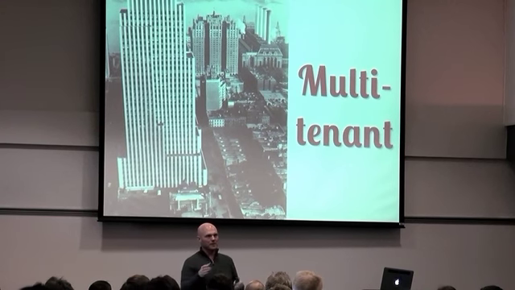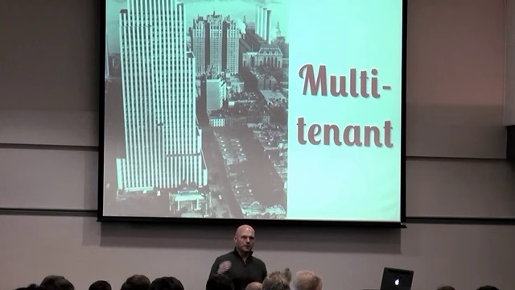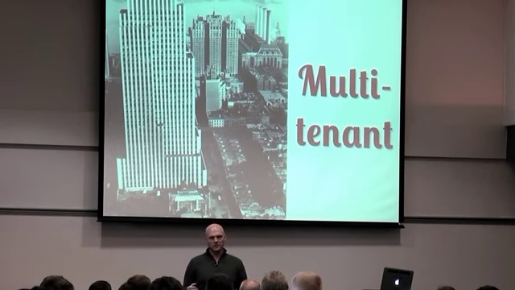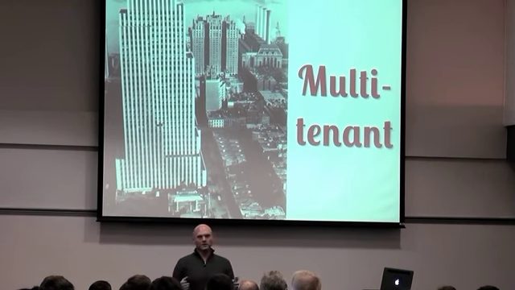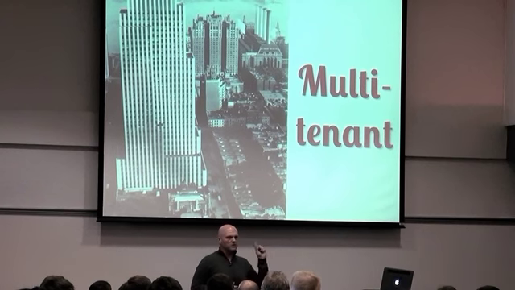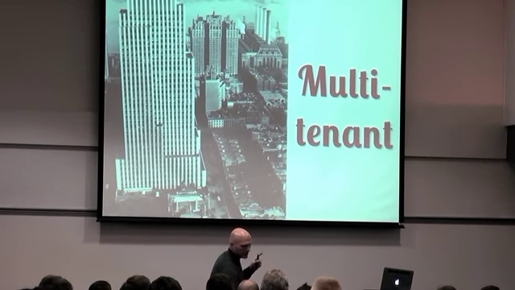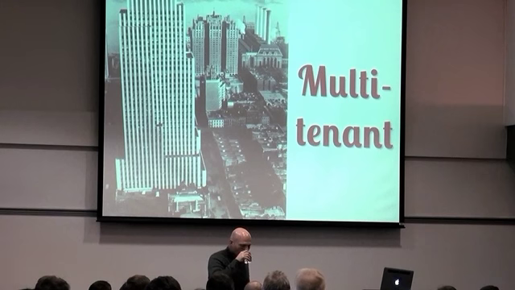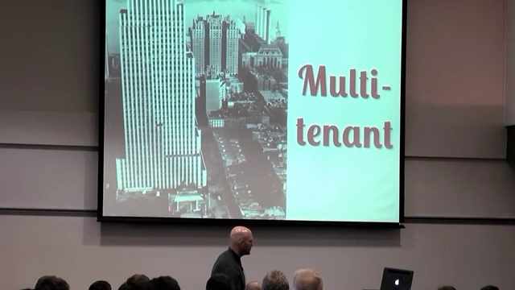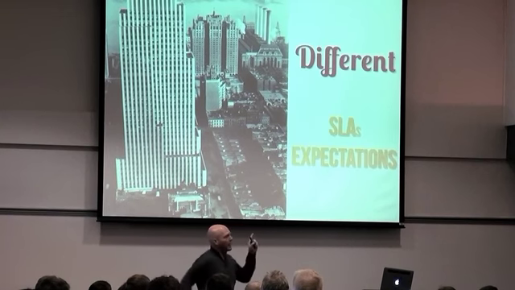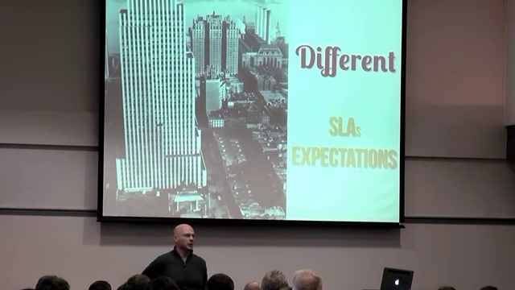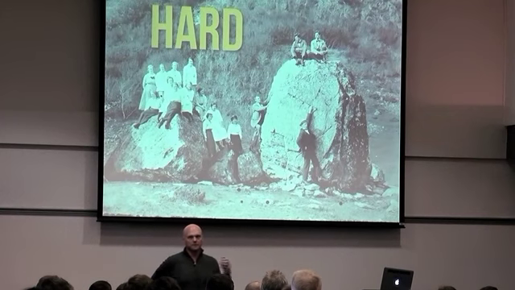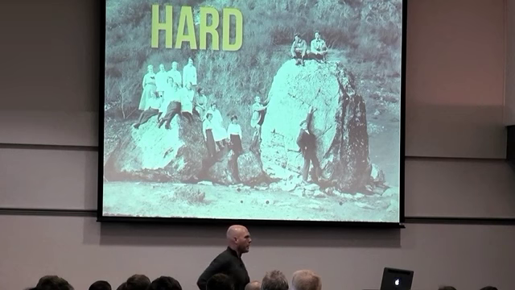But the thing is, some users are going to be big users. They're going to demand a lot of resources, and other users aren't going to demand a lot of resources. And so whenever you start dealing with this kind of problem in multi-tenant environments, things get difficult pretty quick because everyone has a different set of expectations going into it. And it actually turns out to be pretty hard.